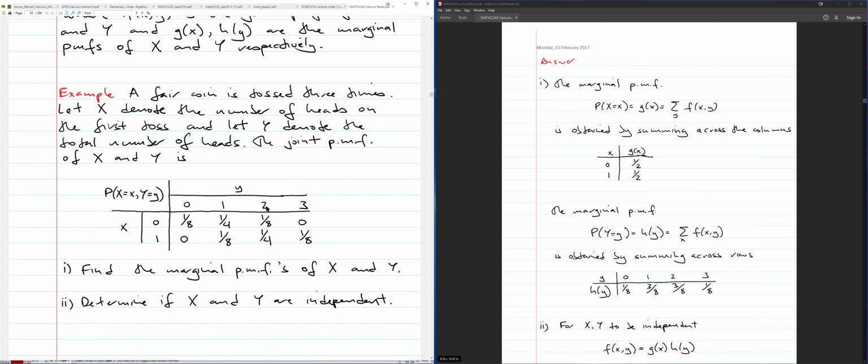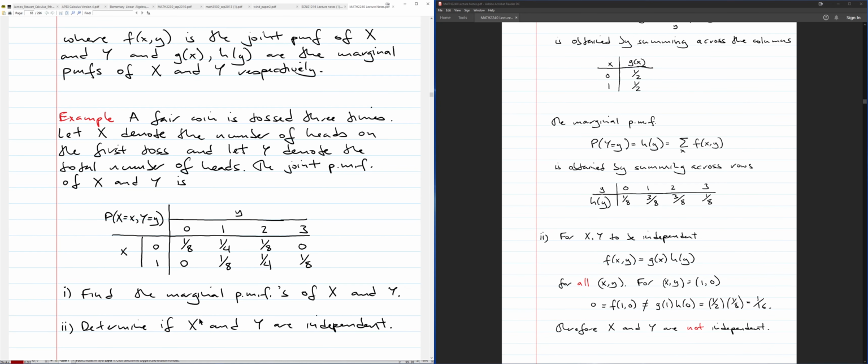For probability Y is equal to 2, you add 1/8 to a quarter and get 3/8. And for probability Y is equal to 3, you add 0 to 1/8 and get 1/8. This is your marginal PMF for Y. Notice this marginal PMF is a PMF in the normal sense of the word for a single random variable.